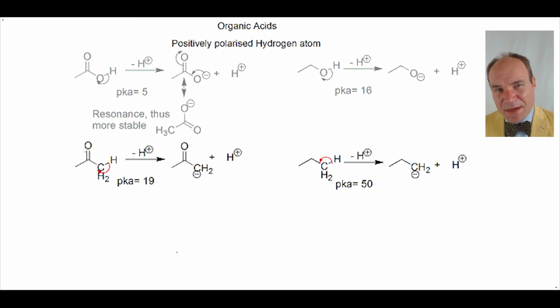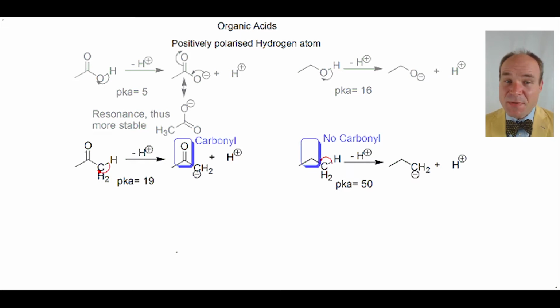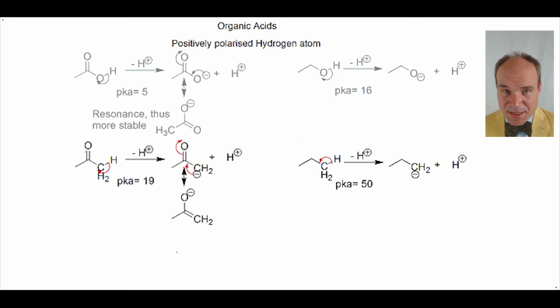So we got that information from the pKa's, but could we have reasoned this out? Yes, we could. Let's have a think about it. In the case of the ketone, and this specific ketone is called acetone, the conjugate base that's created by the donation of a proton can have a second resonance structure.